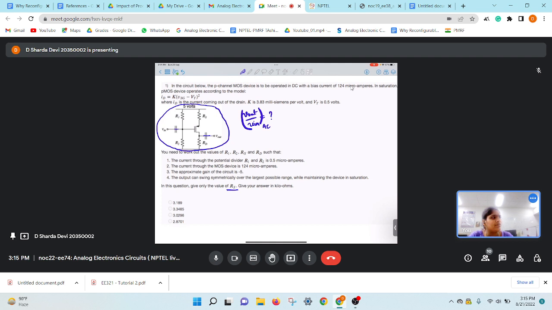GM into RS parallel with RD. So it's GM RS parallel with RD.